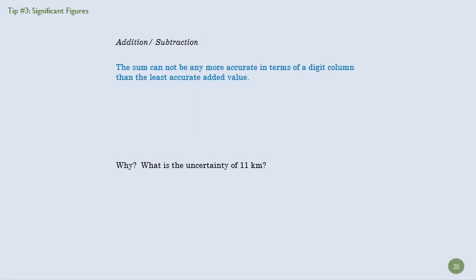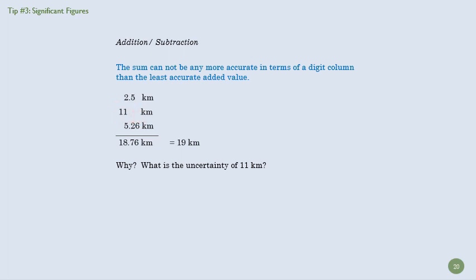Same for addition, although the rule is different. In addition, we don't want to be any more accurate than our least accurate number. Here we have a number, 11 kilometers, that's only accurate to the ones digit. Our answer shouldn't be any more accurate than the ones digit, because this is saying somewhere between 10.5 and 11.5.